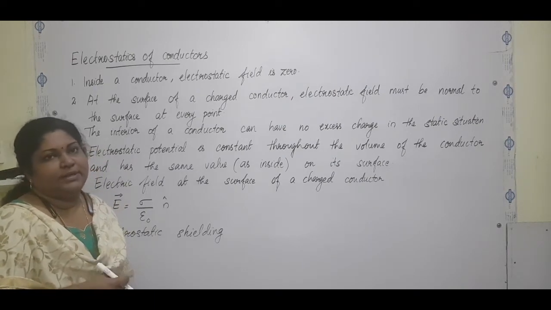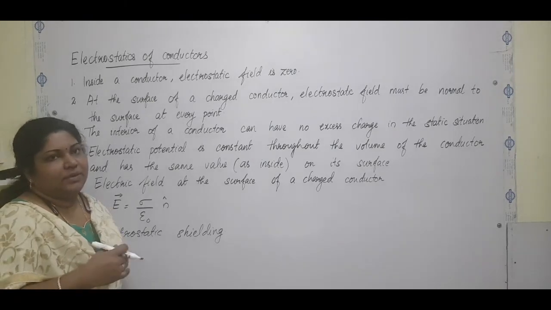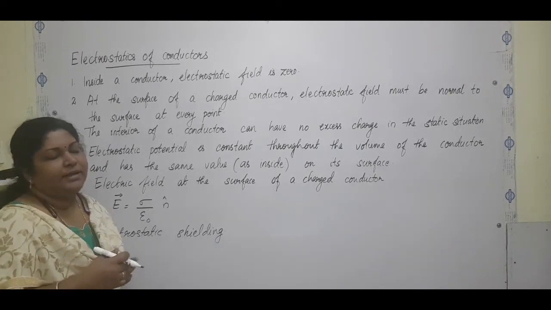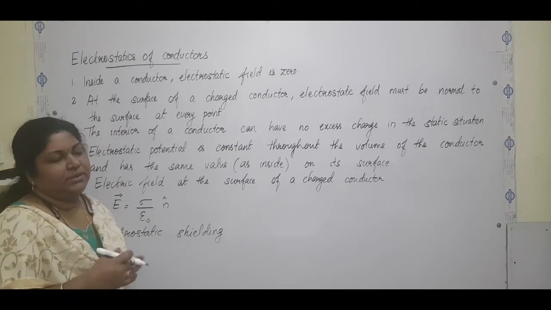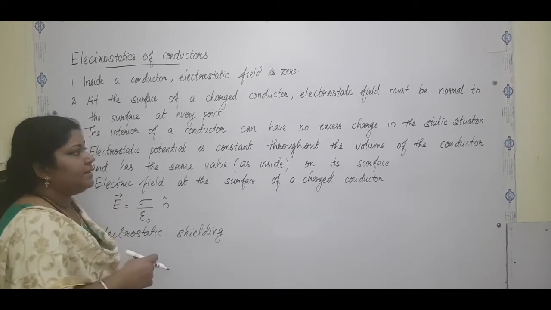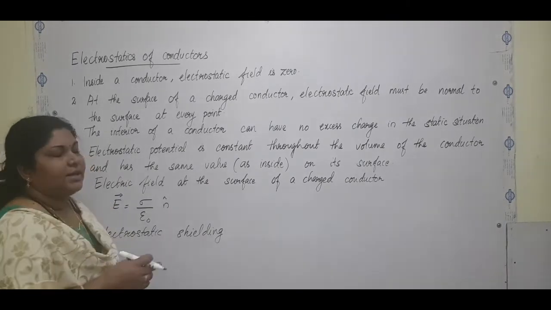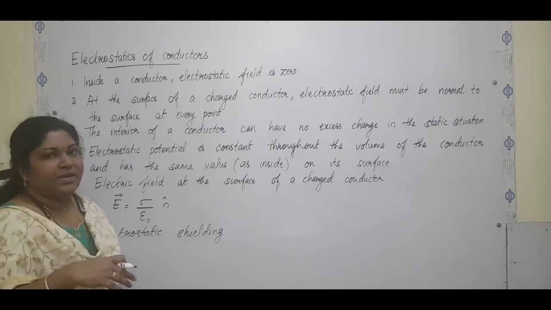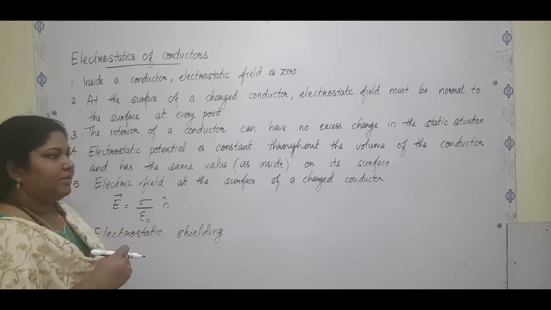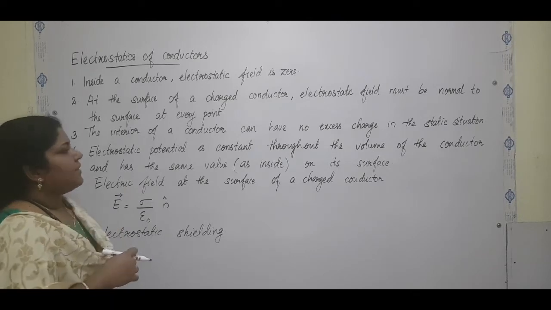We have already said that the electric field inside a cavity, inside a conductor, is zero. A charged conductor inside the spherical shell, it is zero. That we have already seen as electrostatic shielding. So these are the electrostatics of conductors.